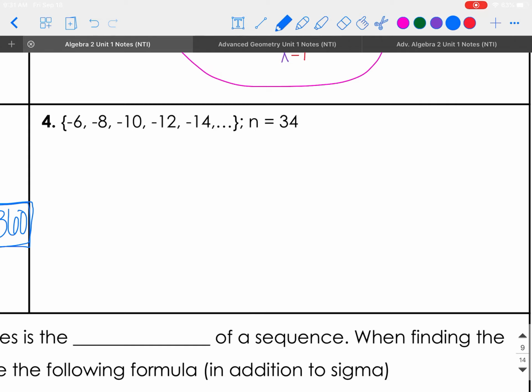All right, hopefully you paused it and you at least tried it and at least got started. So we are asked to find the sum of the first 34 terms. I know this is arithmetic because I am subtracting 2 every time. So that means that it is arithmetic.